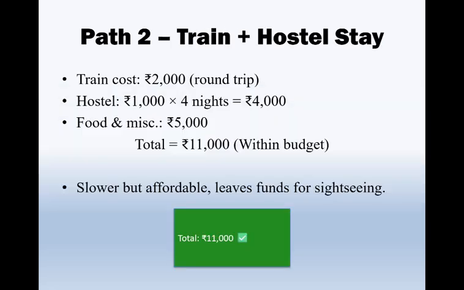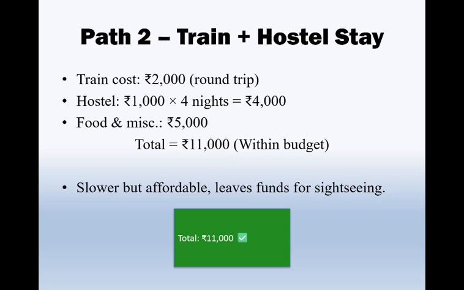Part 2, train plus hostel stay. So for the train, it costs 2,000 for a complete trip, and for the hostel, the basic charge for a day is 1,000 rupees. Then it will become 4,000 for 4 nights.